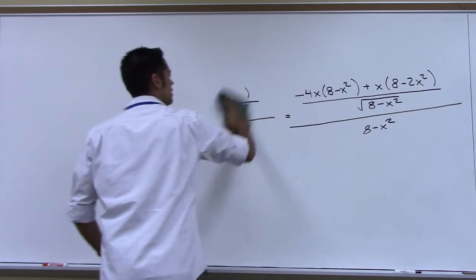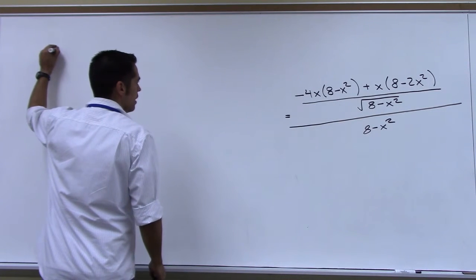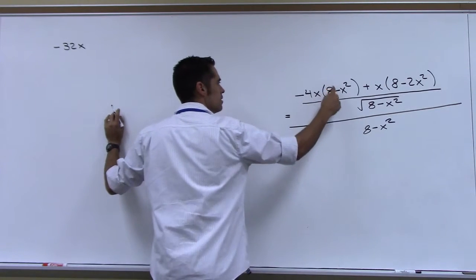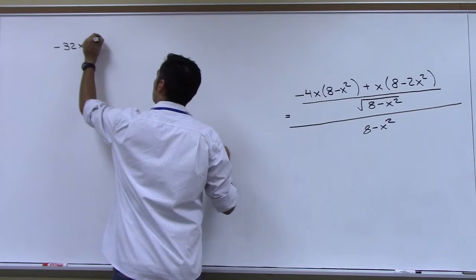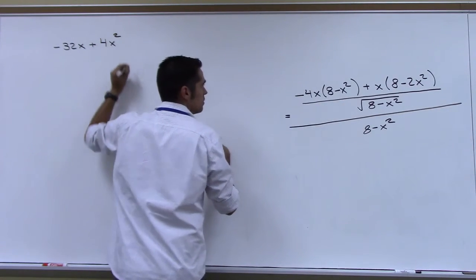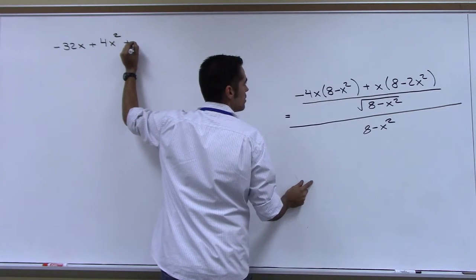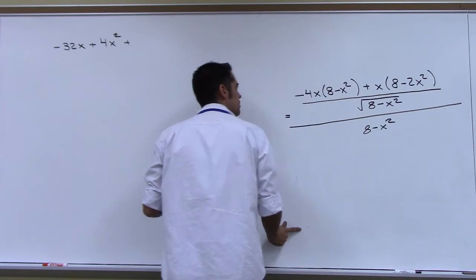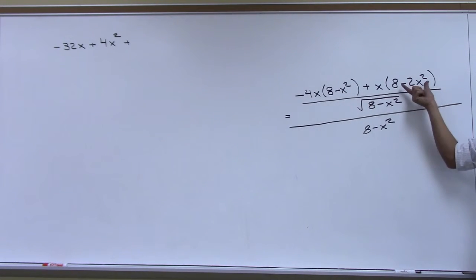Okay, the numerator, once cleaned up, distributing through negative: 32x, that's this and this, plus 4x squared. I'm going to distribute that x through. Plus 8x. Oh, crap. What should I have done here? I see something better. These both have 8 minus 2x. Oh, wait.